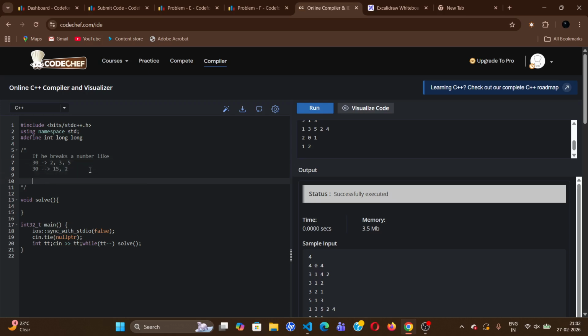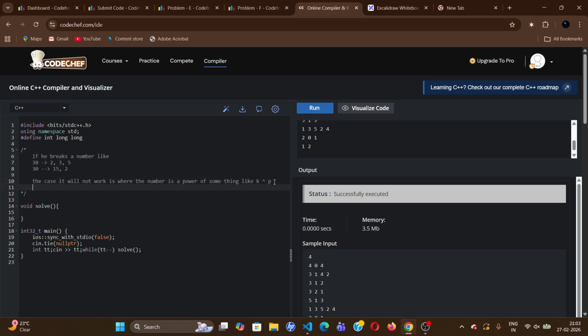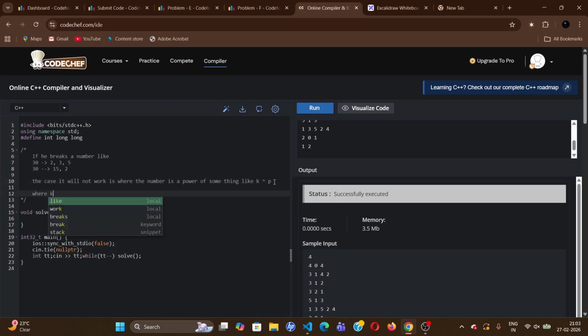The case it will not work is where the number is a power of something like k to the power p, where k is a prime.